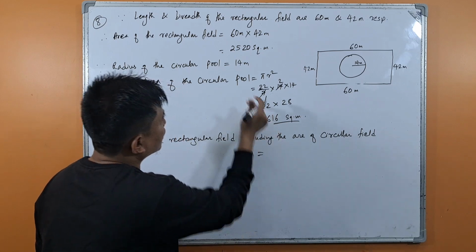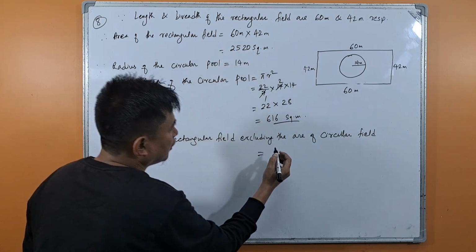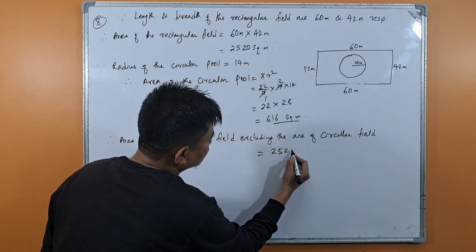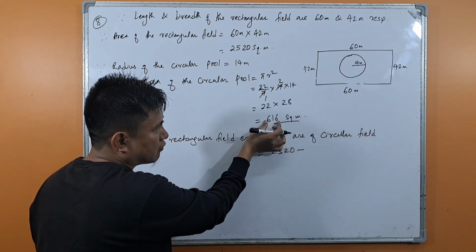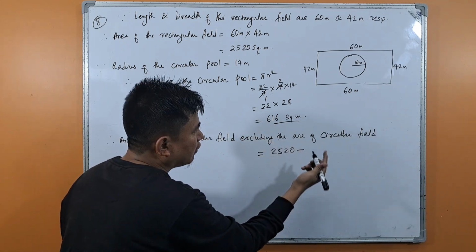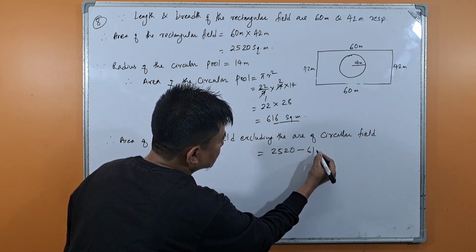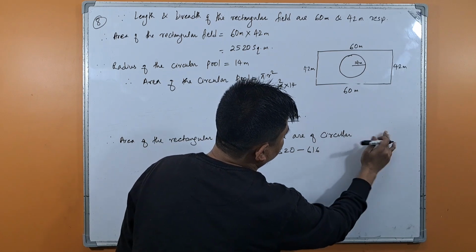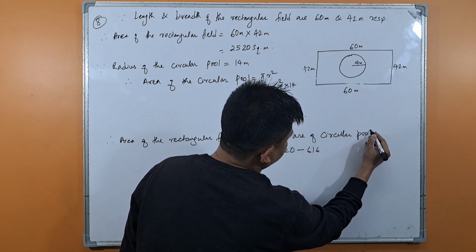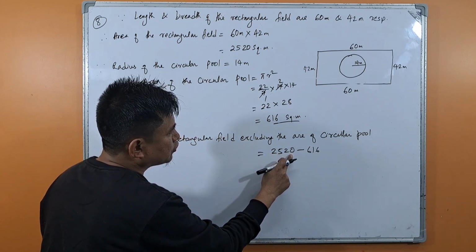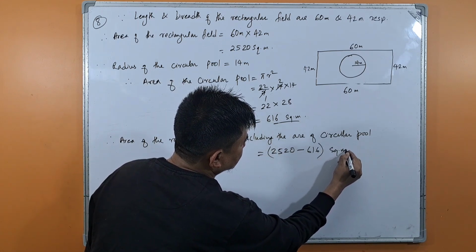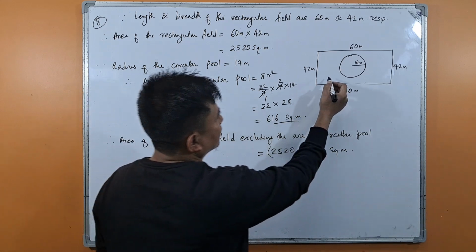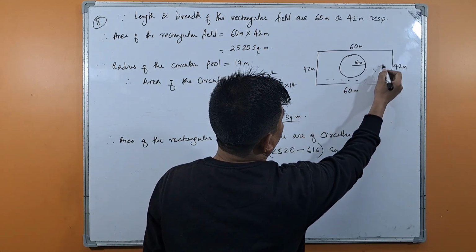Okay, what is the area of rectangular field? 2520 square meters minus area of circular pool, that is 616. 2520 minus 616 square meters. This is the area where the grass is to be planted.